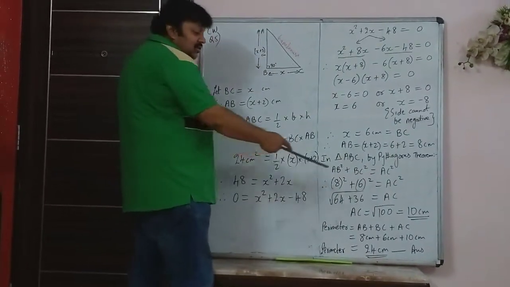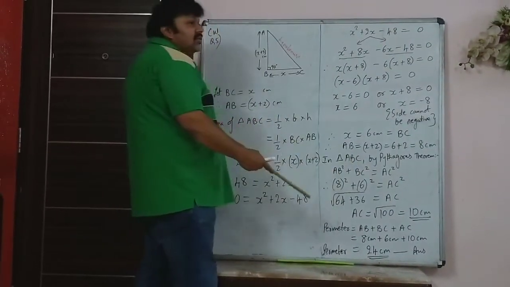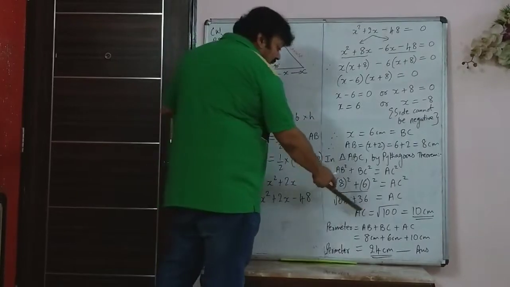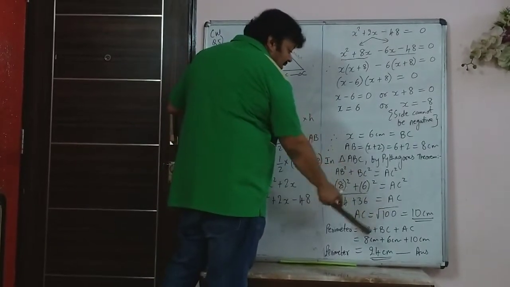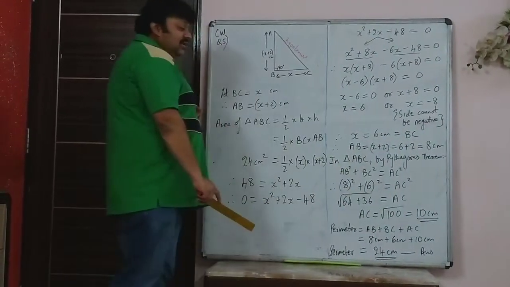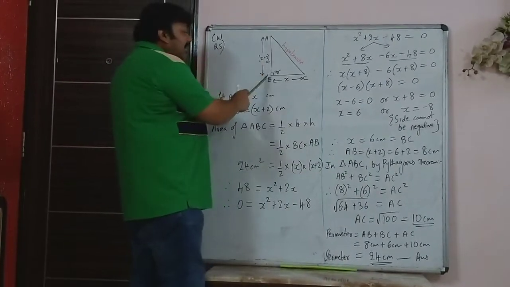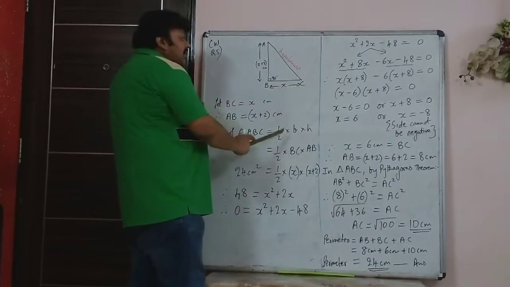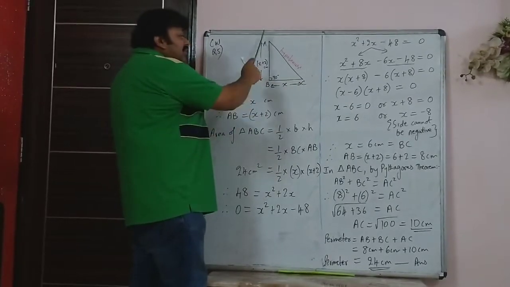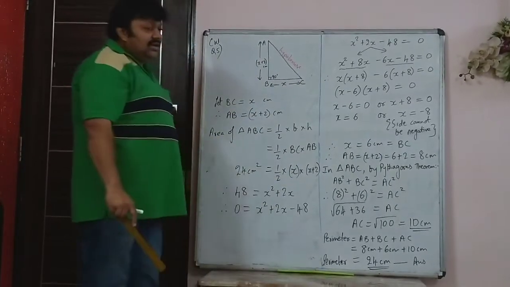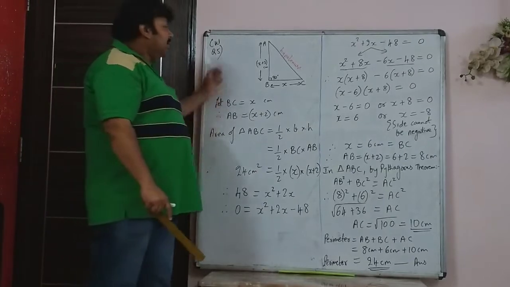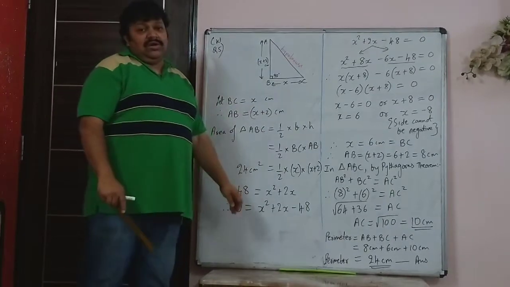AC squared it was in the previous step, so you need to take the root. So you get AC is root of 100, so AC is 10 centimeter. So AC is 10, AB is 8 and BC is 6, so 8 plus 6 plus 10, 24 centimeter will be the perimeter of this triangle.